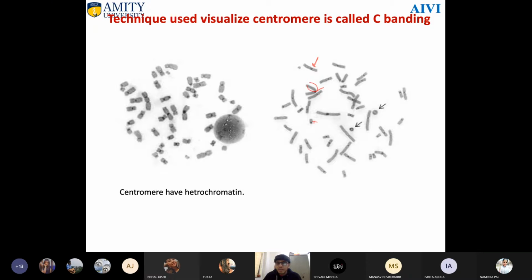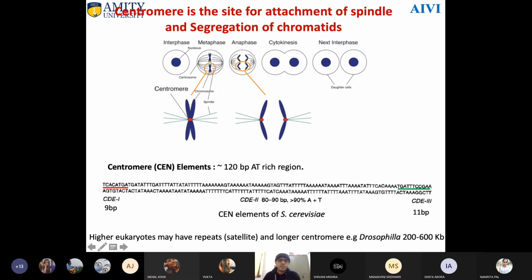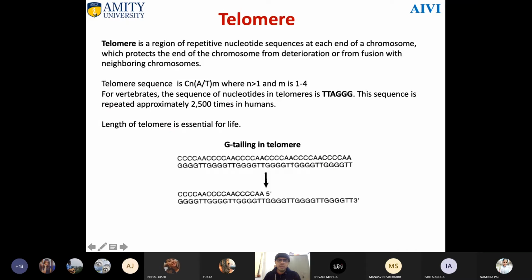This is acrocentric, and this one is also acrocentric, exactly near the terminus. This is telocentric, and this is subtelocentric. These are different types of chromosomes present within you. The centromere is a site of attachment that helps in segregation.